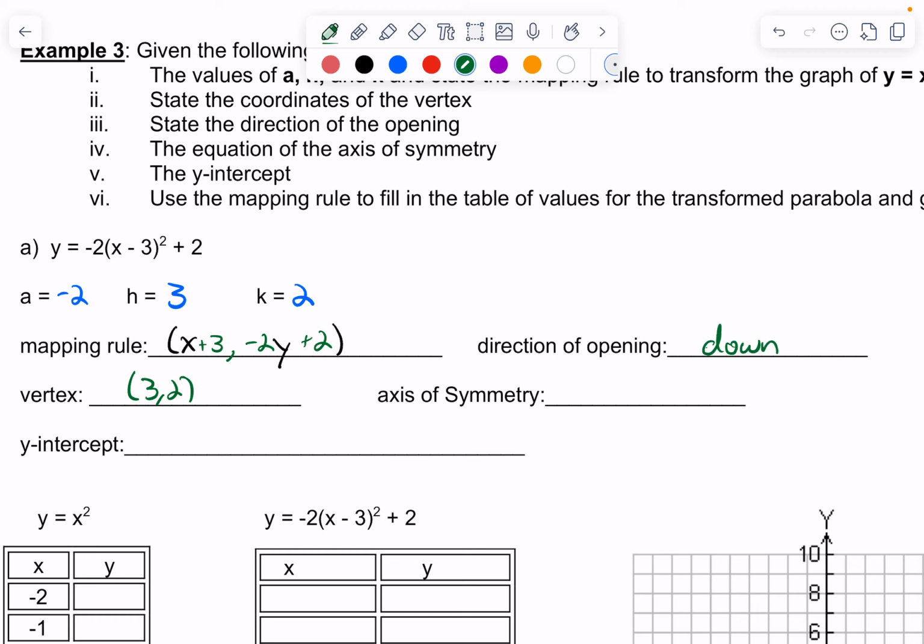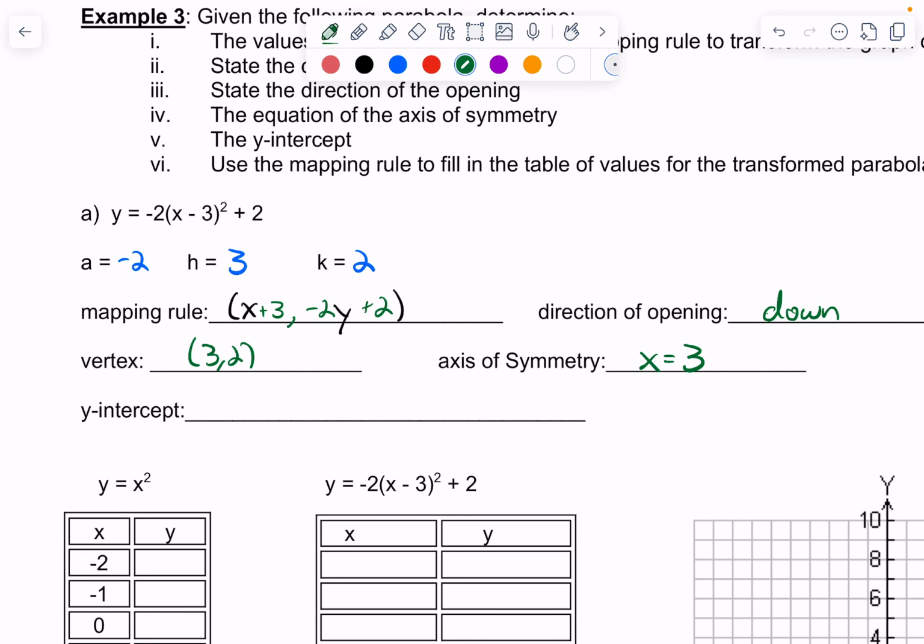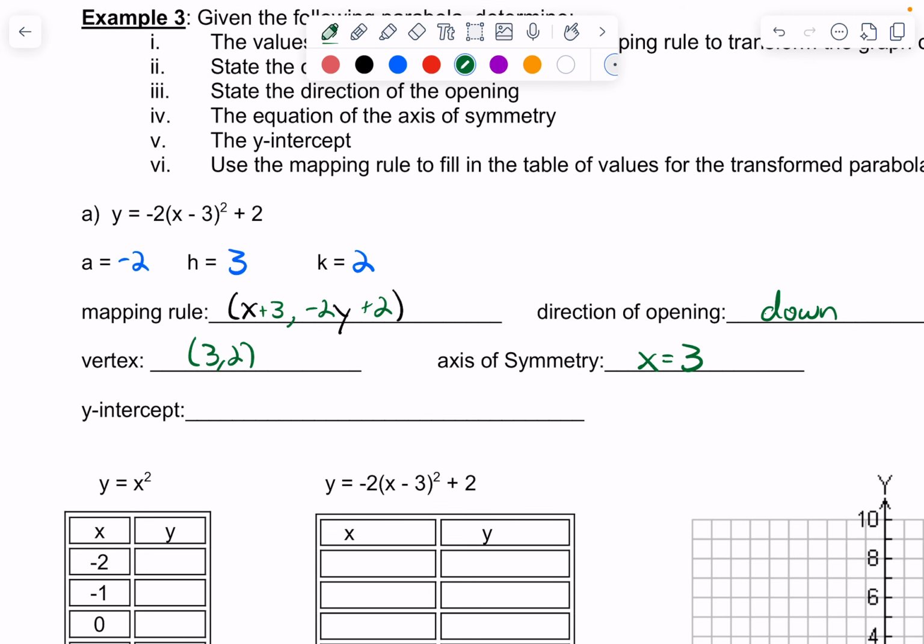Your axis of symmetry, well, the axis of symmetry is at your h value, but it's x equals h, so x equals 3. And then your y-intercept is when the x value is 0. So substitute 0. So y equals minus 2, and then you have your x minus 3. So 0 in this case, because we're solving for when x is 0, minus 3.